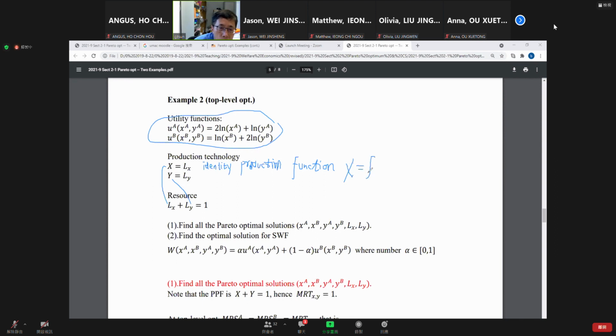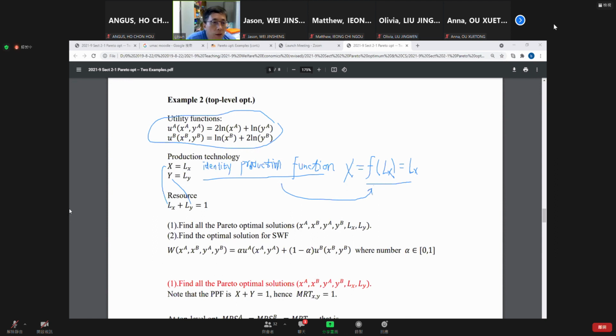F is the production function, and Lx is the input. Given such input, the output equals X, the X itself. So this is the so-called identity function.